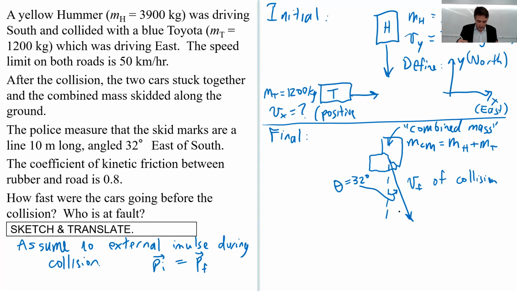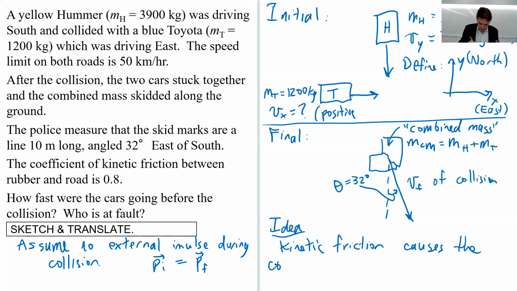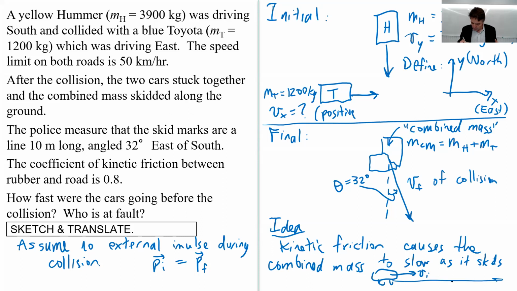And the big idea here is that kinetic friction causes the combined mass to slow as it skids. So if it starts like this, with some V initial, then it's going to go this distance, D equal to 10 meters, and then it's going to stop. V final is 0. So V final of the collision equals V initial of the skidding.